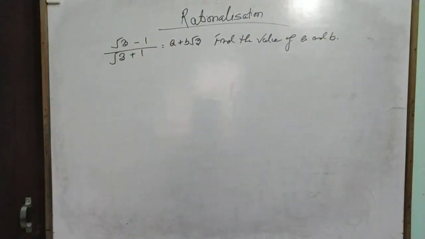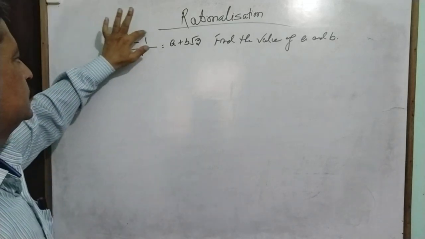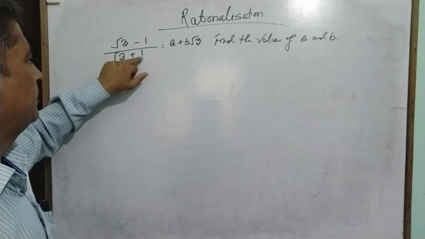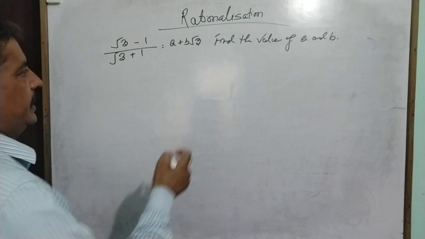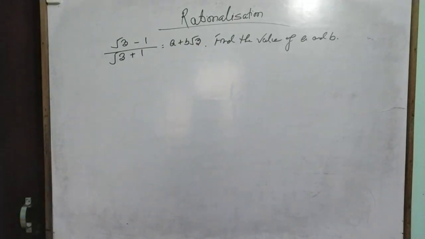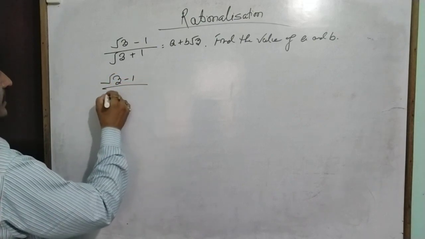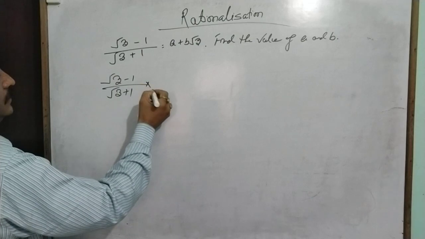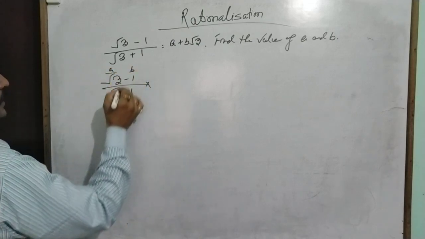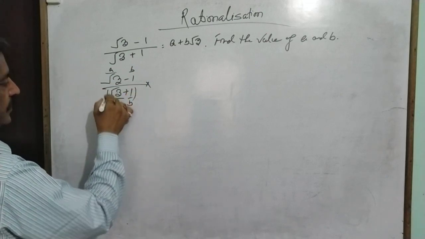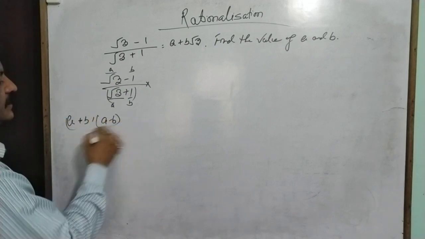The next question: if root 3 minus 1 divided by root 3 plus 1 equals a plus b root 3, find the values of a and b. First of all we rationalize root 3 minus 1 over root 3 plus 1. If the denominator is in the form a plus b, then we take a minus b.